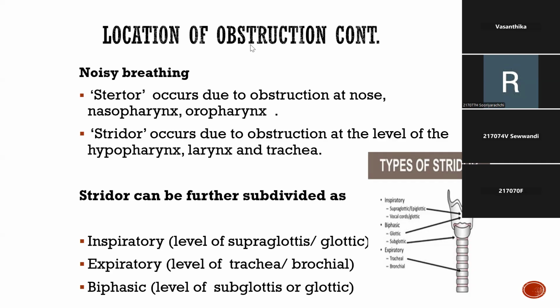All medical doctors should know about stridor. They will present with either inspiratory stridor, expiratory stridor, or biphasic stridor, that is, stridor during inspiration, during expiration, or during both. Stridor is a high-pitched musical sound.